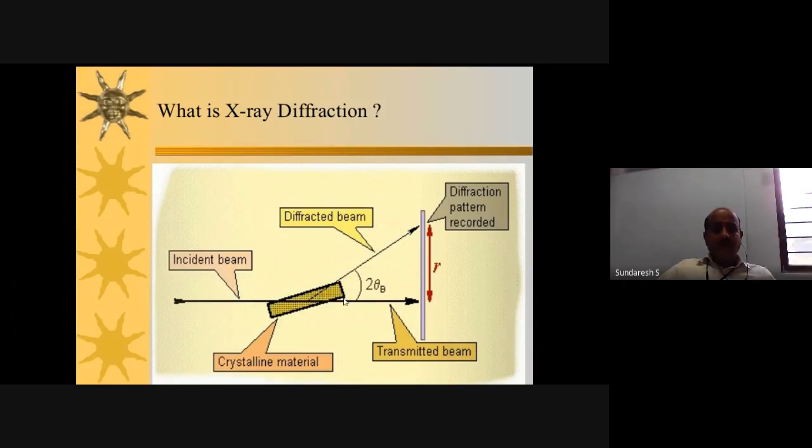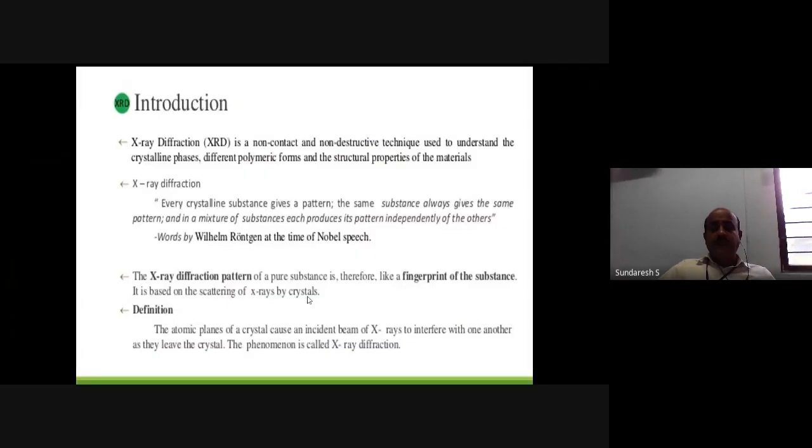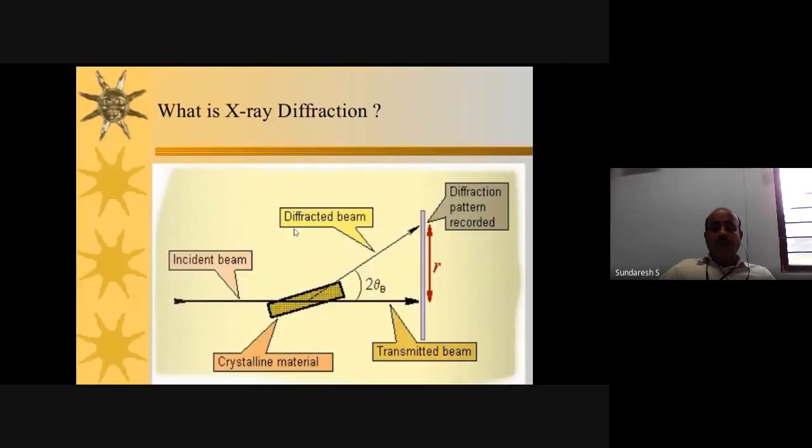See, this is a specimen, which is kept at an angle of 2 theta, or inclined at an angle. When an X-ray is incident over this crystalline material, the atomic planes of the crystal interfere with one another as the X-rays leave the crystal. So this is the diffraction pattern recorded.